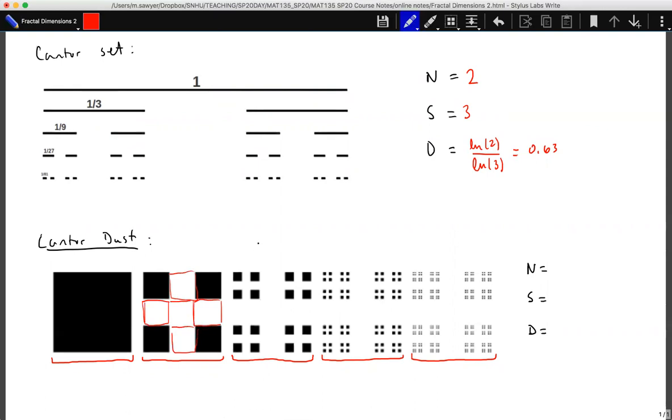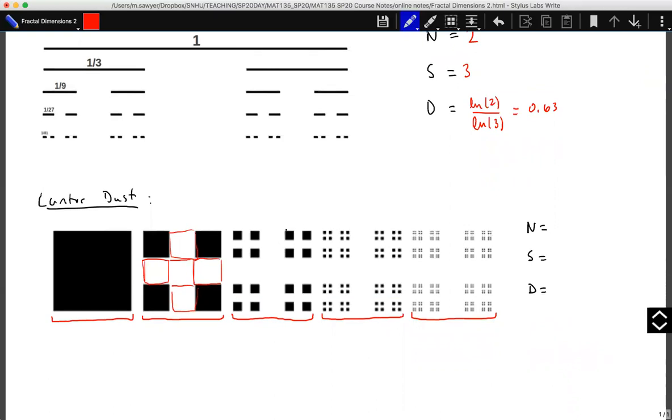There are several variations on the Cantor dust and the Cantor set, but we remove only the middle pieces. So given that the initial side length was 1, the new side length is 1/3. So the new number of copies it takes is 4. It takes 4 copies of the original piece with a new side length of 1/3.